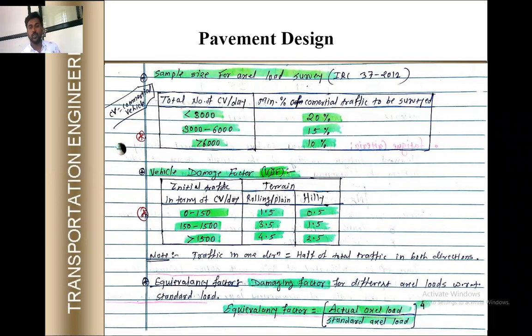And it also depends on the terrain condition, whether it is rolling or plain terrain, or hilly terrain. So make 3 columns. The first column, initial traffic in terms of CV per day. CV means commercial vehicles. If you want to remember, write down there, CV is equal to commercial vehicle.